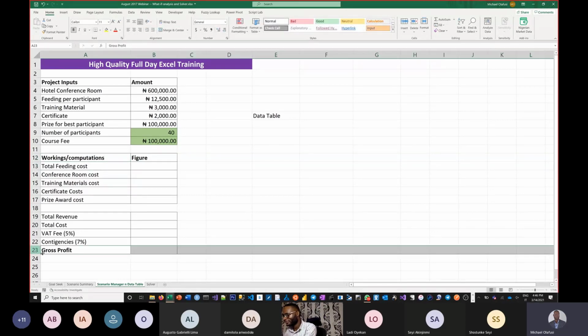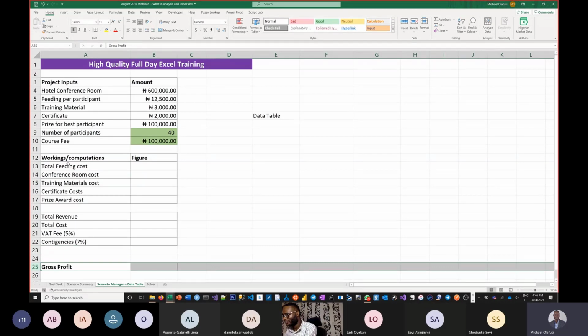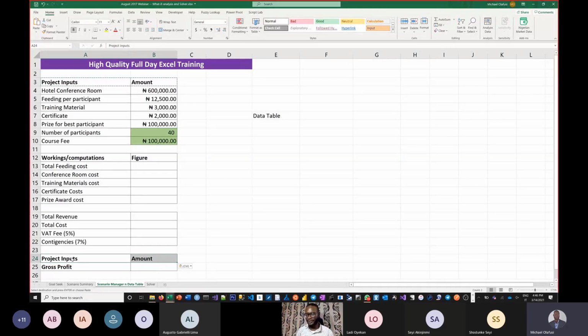Maybe I will just separate this one and say this is my output. So in some people's projects, this can be different sheets. A sheet for input, one or more sheets for the computations, the workings, and then another sheet for the output. So it's just a matter of how complex your project is, but the concept is the same.